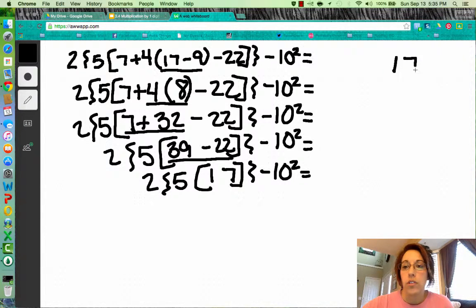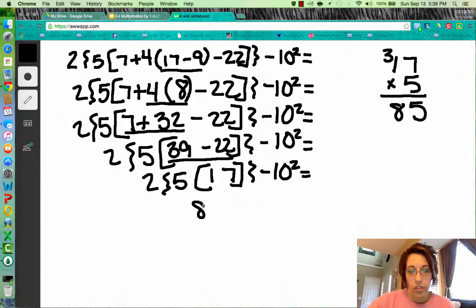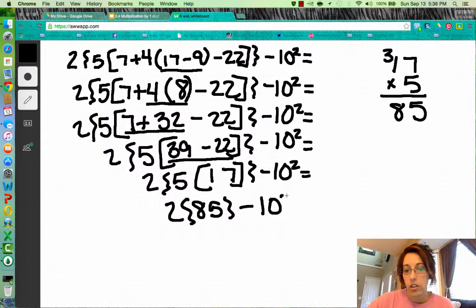So I have to do 17 times 5. I need some scratch paper for that. 5 times 1 is 5, plus 3 is 8. Copy everything else down. And we are almost done.